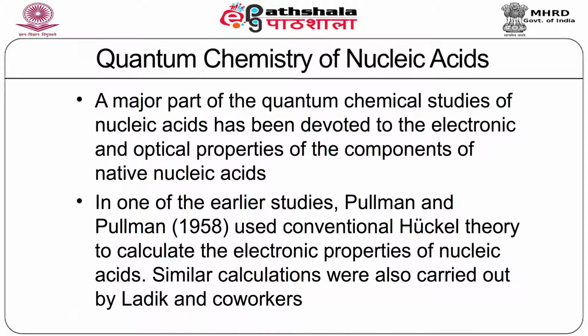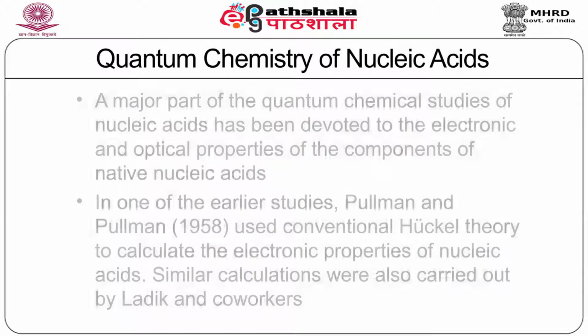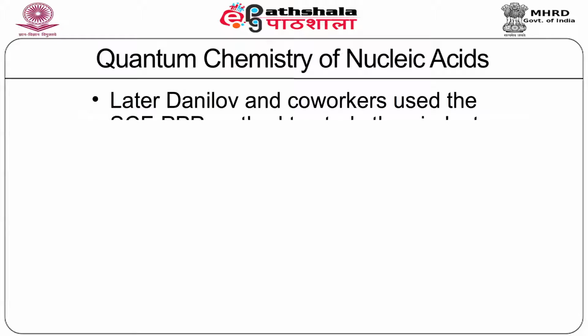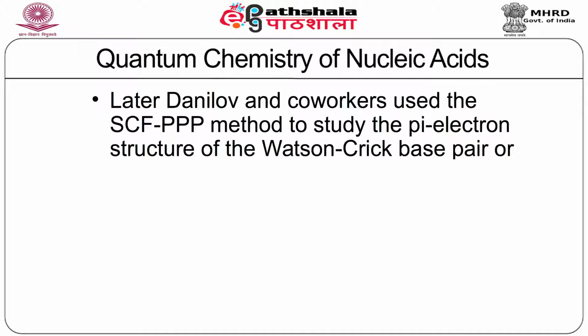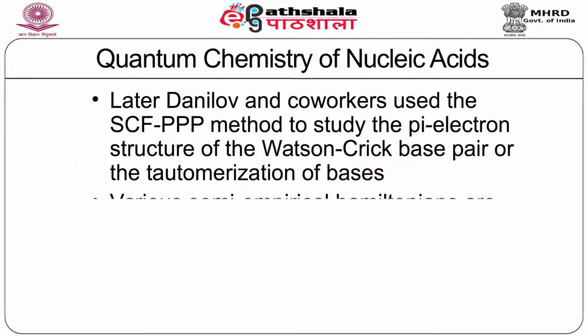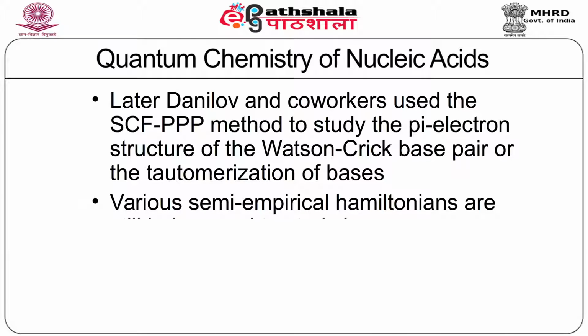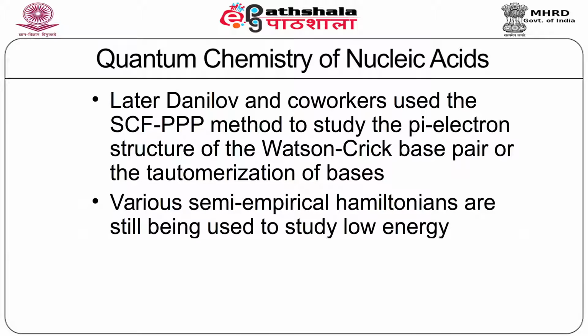Similar calculations were also carried out by Ladik and co-workers. Later, Danilov and co-workers used the self-consistent field Pariser-Parr-Pople method to study the pi electron structure of the Watson-Crick base pair or the tautomerization of bases.